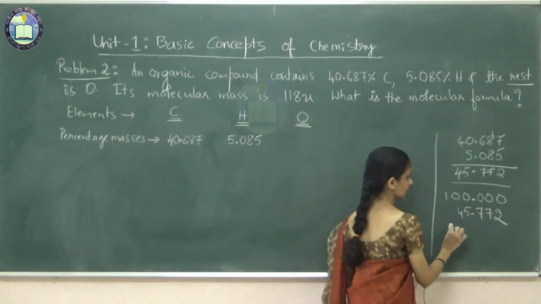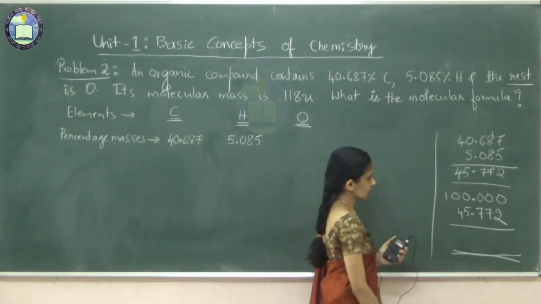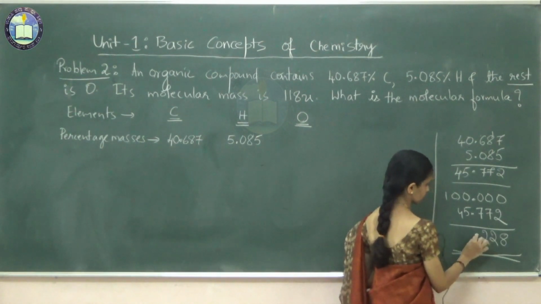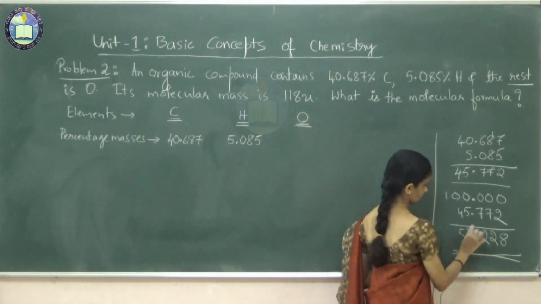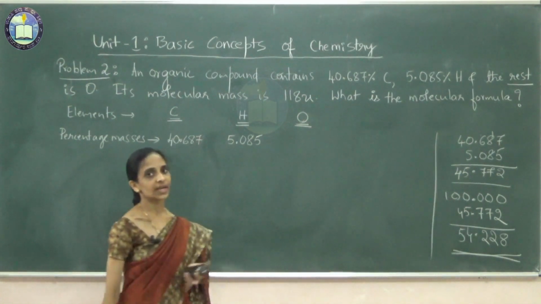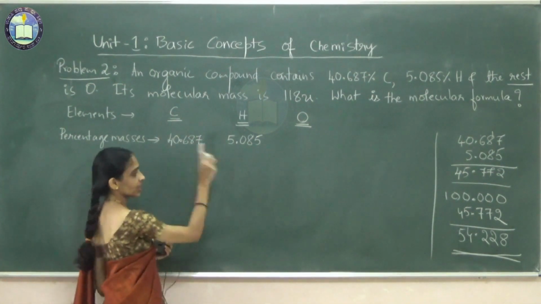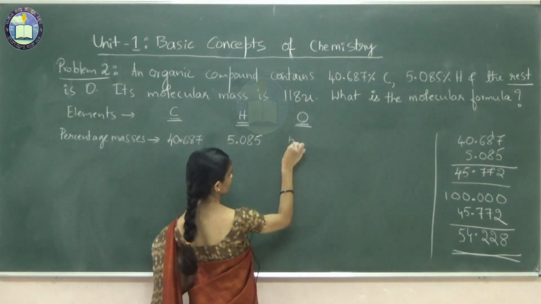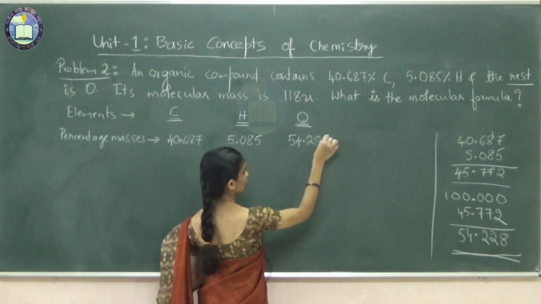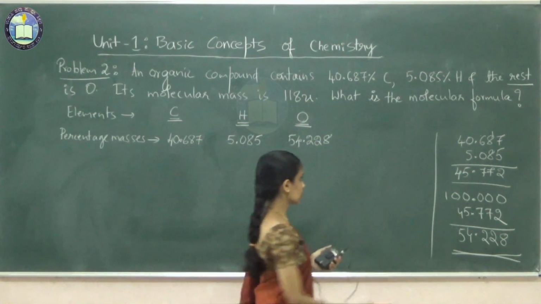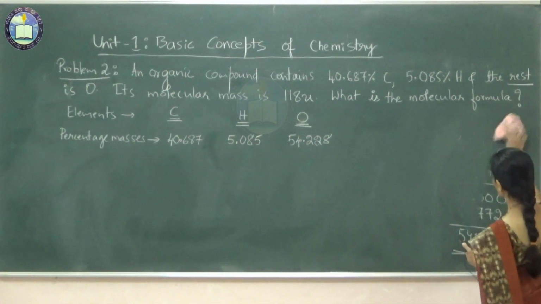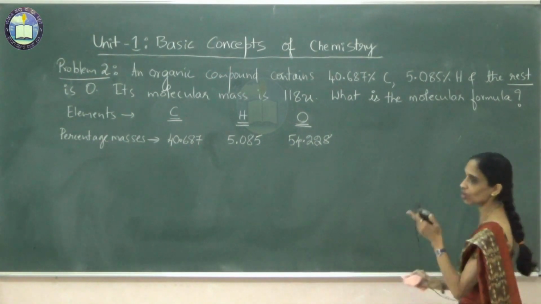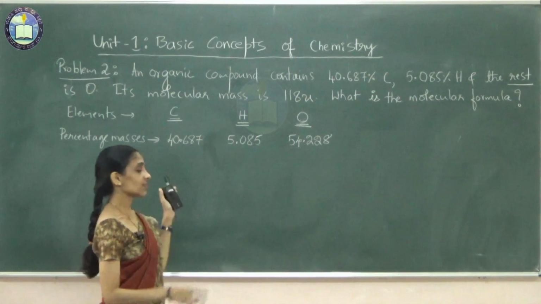So the answer will be 54.228. So you add these two, subtract from 100, and you will get the percentage mass of oxygen as 54.228. Okay, so this is an extra step in the problem. There are a few more extra steps here in the problem. That is why this problem has been picked up. Okay, we'll see them later.